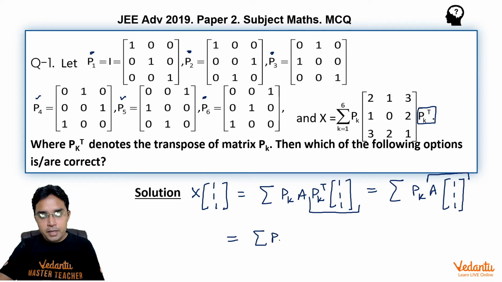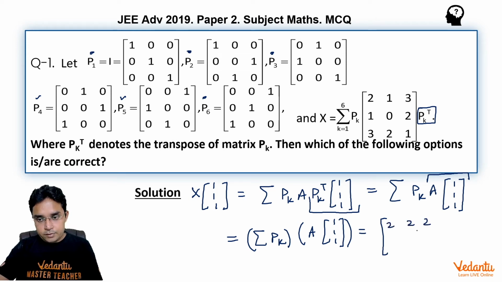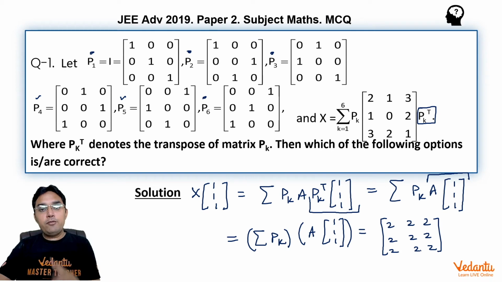So sigma Pk, I am putting it in a bracket here, and A into [1 1 1]. The sigma Pk will be 2 at all 9 positions, because we can check that at every position of P1 to P6 we have 2 times 1 and 4 times 0. So their sum will be 2 at all 9 positions.